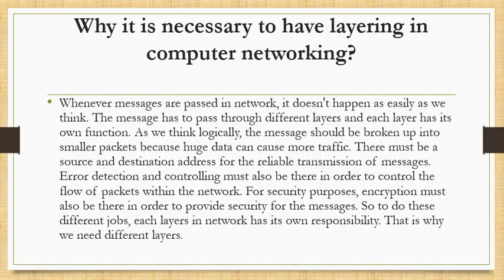For security purposes, encryption must also be there in order to provide the security of the message. So to do these different jobs, different layers in the network have their own responsibility. That is why we need different layering in the data communication network, that is, the OSI model.